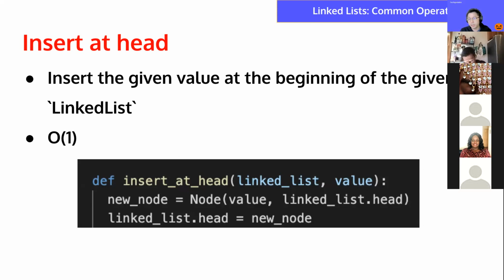And this is a little tricky, but because we want this new node to be the new head, we have to go back to the linked list's pointer that's supposed to be pointing at the beginning of the linked list, and point it at this new node that you just created.